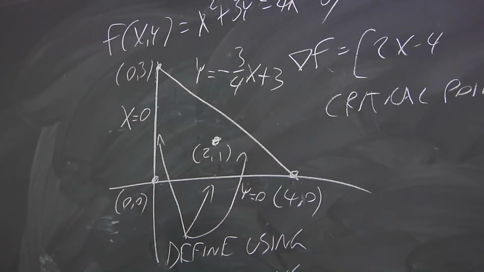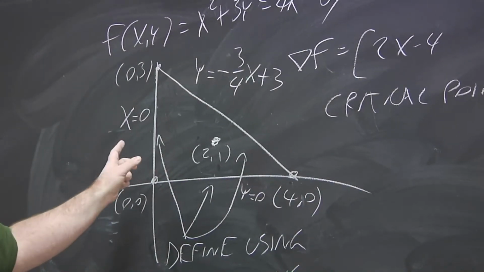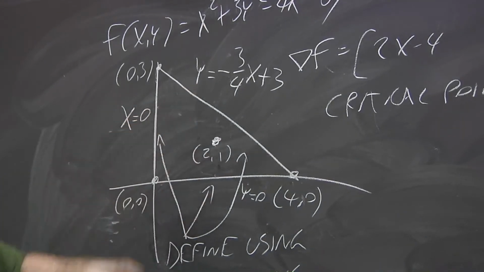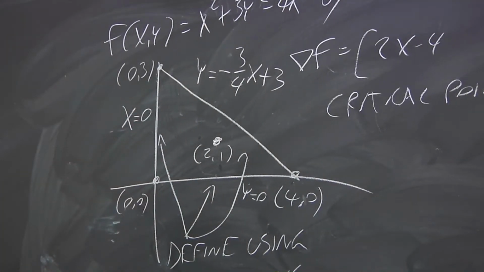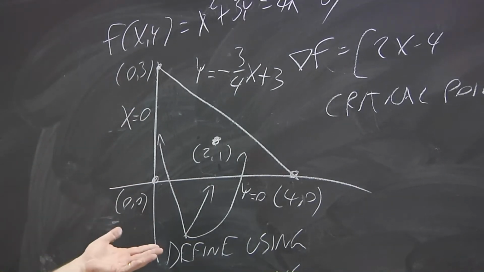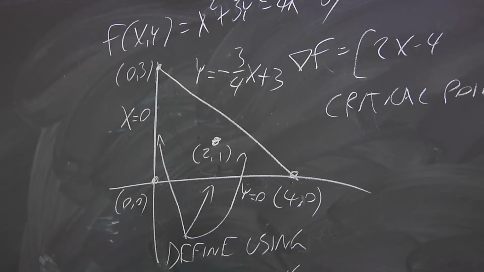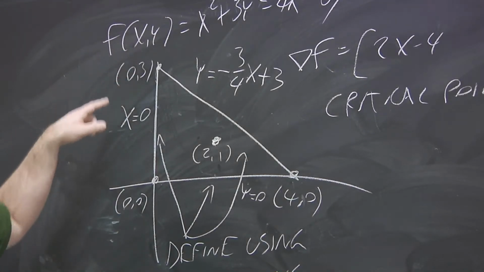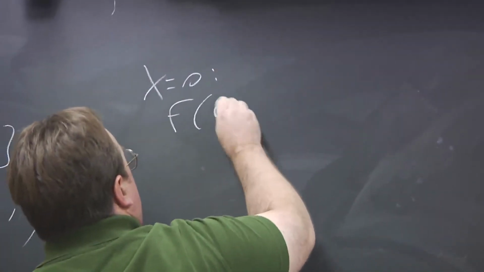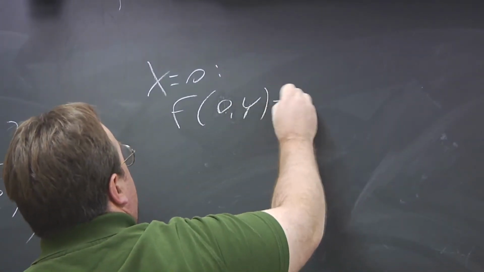So what we can do is consider one edge at a time, plug in these relationships, which gives us a simpler function, what the function looks like along that edge, and then we're solving a single variable max or min problem. So for example, let's take x equals 0 and put it in here. So f(0, y) is now a function of only y.